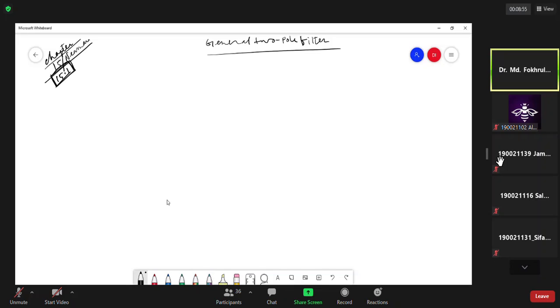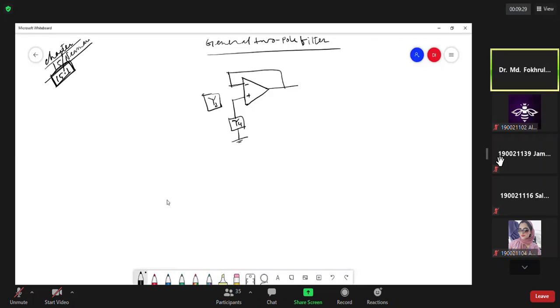Basically, it's a simple voltage follower circuit, and then we have Y4 and Y2, Y1, Y3.